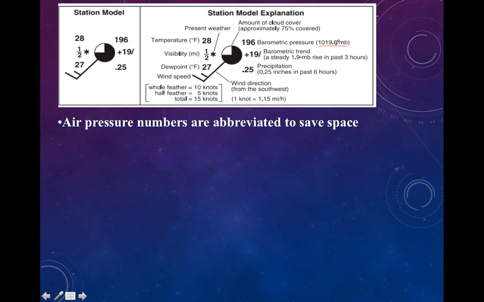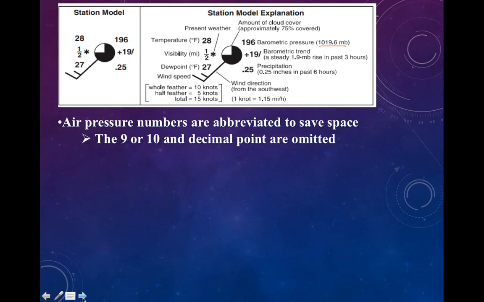That would take up a lot of space on a whole map of the United States because we have a lot of station models. We are looking to save as much space. So what we do is we have to decode this number and transfer it to the station model. Or maybe they give you the station model and you have to decode it and give me the actual pressure. So air pressure numbers are abbreviated to save space.